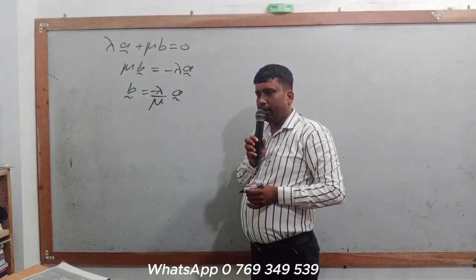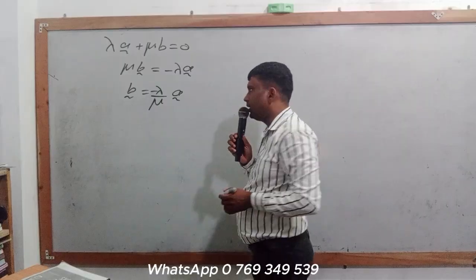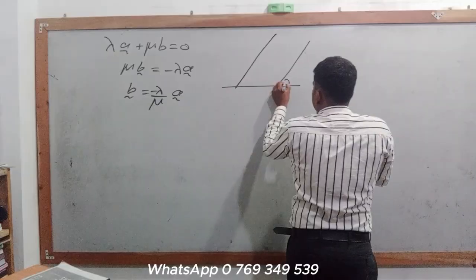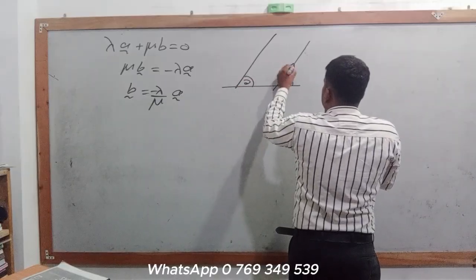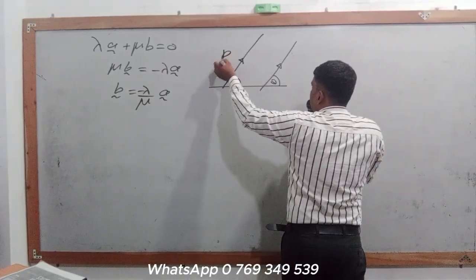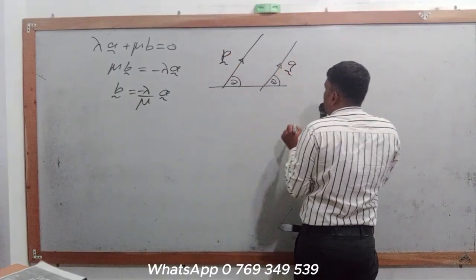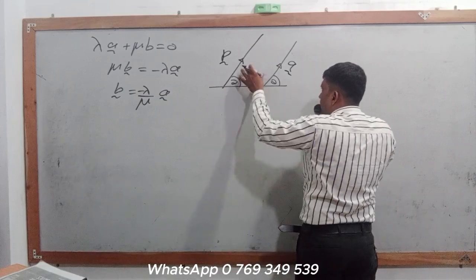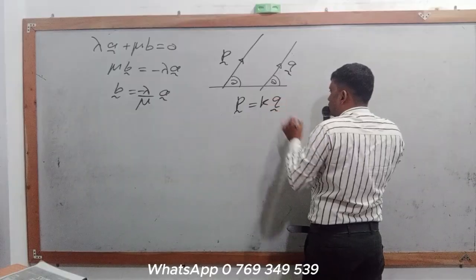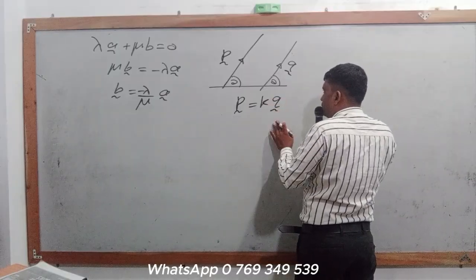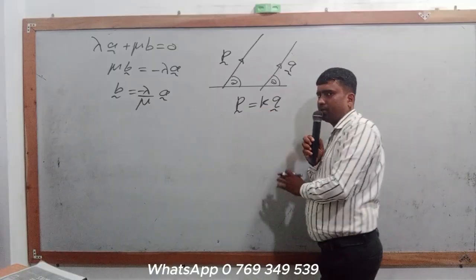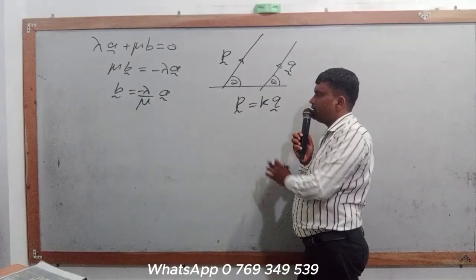Right. Think about parallel theory. These two are parallel. This is the theta and this is the theta. I am taking that this is the P and this is the Q. These two are parallel.